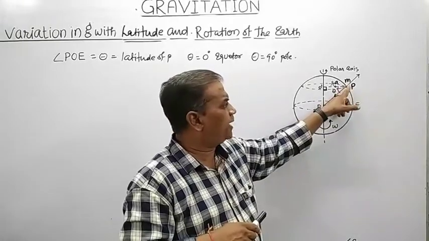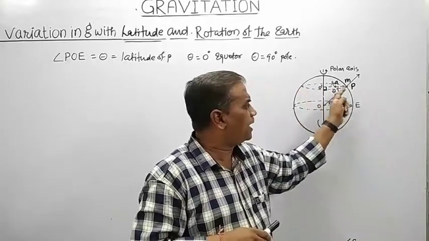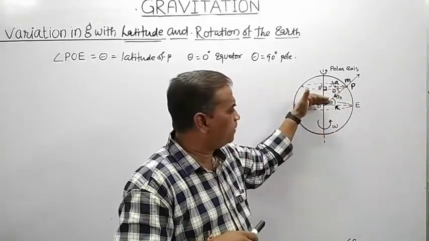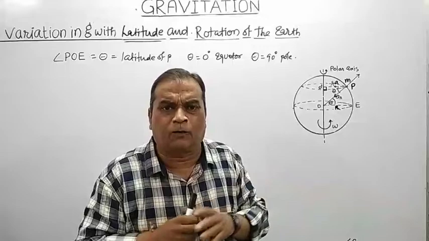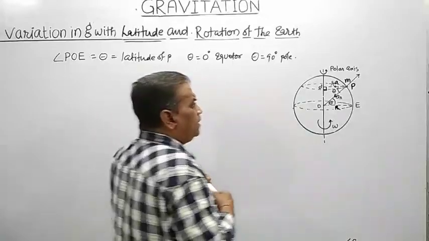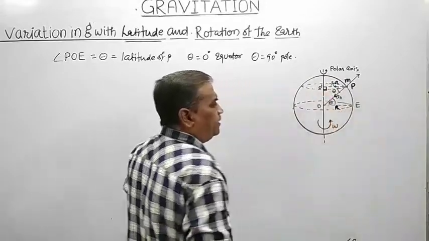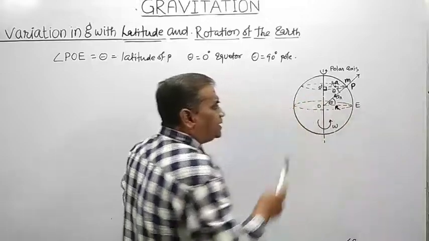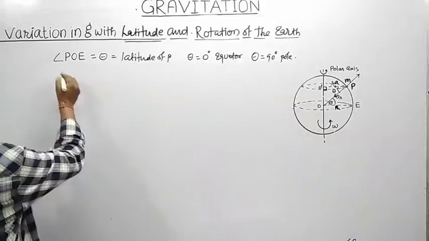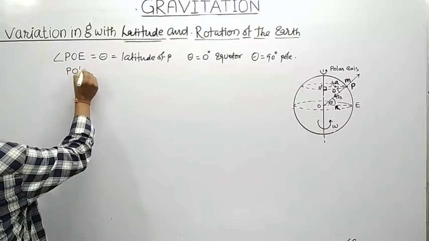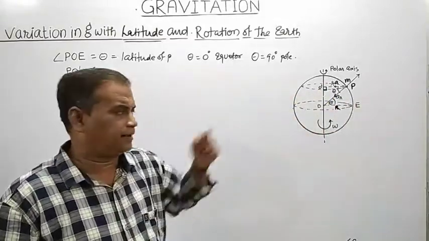So a particle of mass m at position P travels along a circular path of radius r which is parallel to the equatorial plane of Earth. What is the radius of that circular path? The radius of that circular path is small r, meaning PO dash. PO dash is equal to r, where O dash represents the center of that circle.